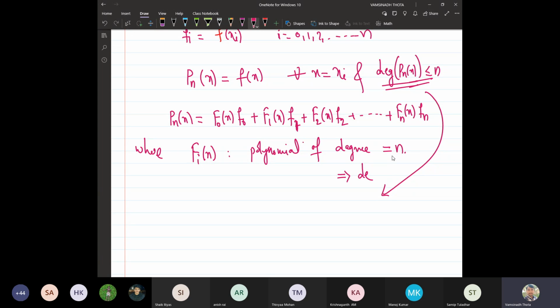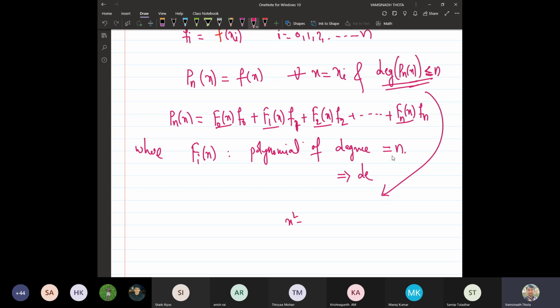This is a polynomial of degree n, and so is each of the others. So this entire thing is a linear combination of polynomials of degree n, and hence the degree of the polynomial cannot exceed n. It will be less than or equal to n, not necessarily equal to n.